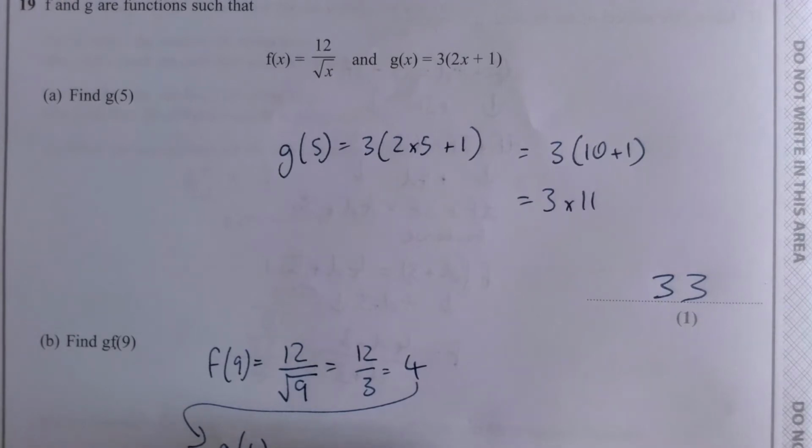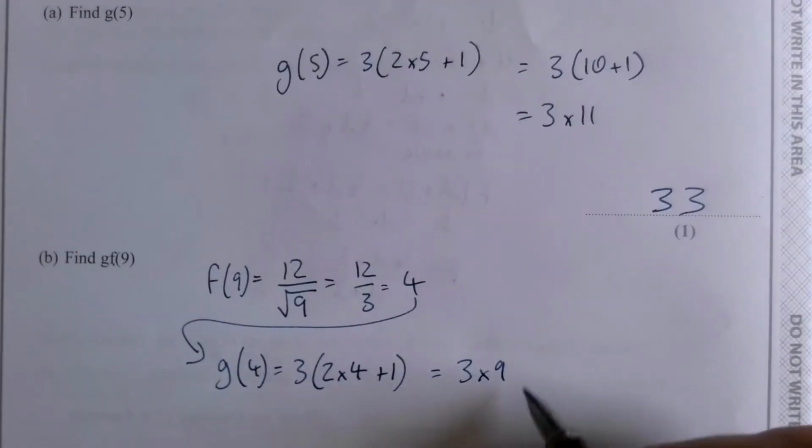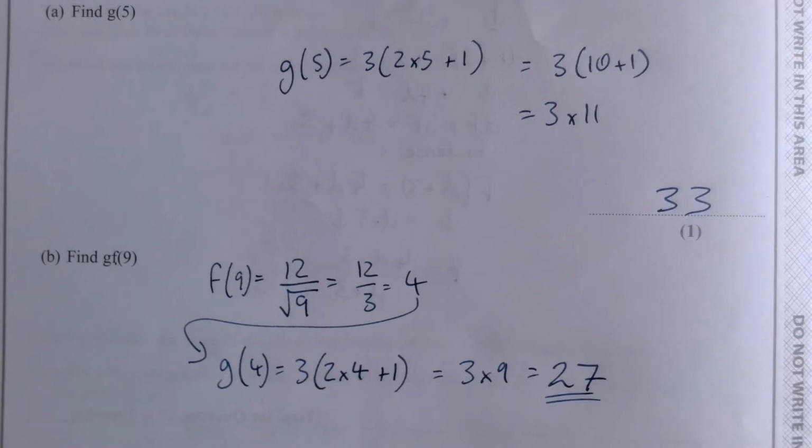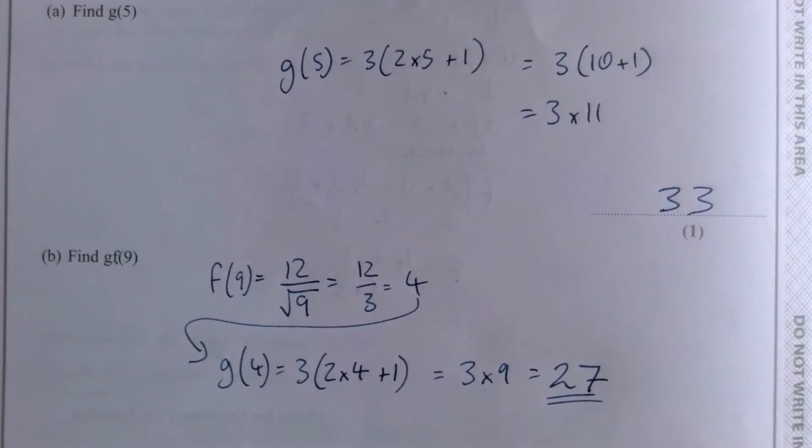The g function is just the same as we did before. Replace the x with 4, gives us 2 times 4 plus 1, so that's going to be 2 times 4 is 8 plus 1 is 9, so it'll be 3 times 9, which gets us 27.